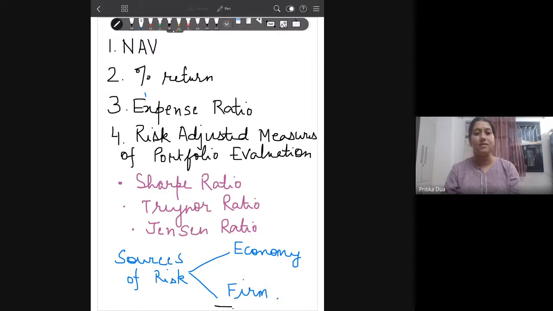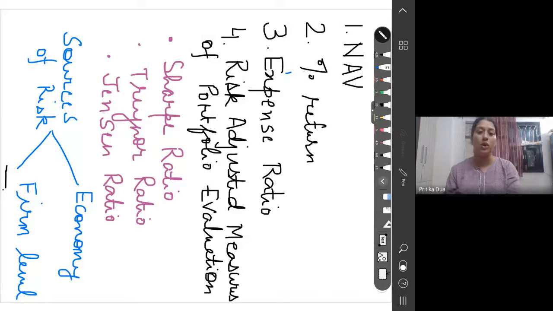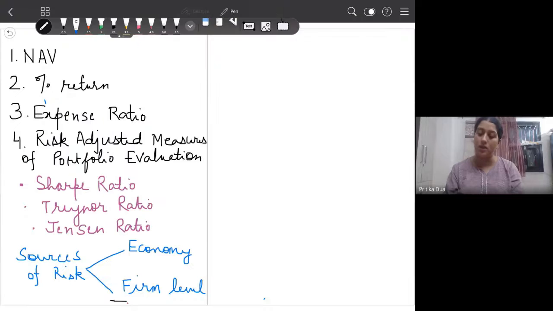So what can be examples of risk which are at the macro level? Can anyone give me any example which will be common to all the firms in the market?